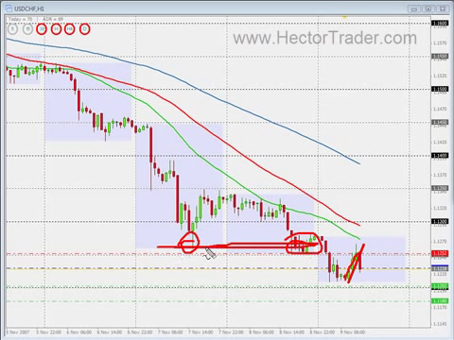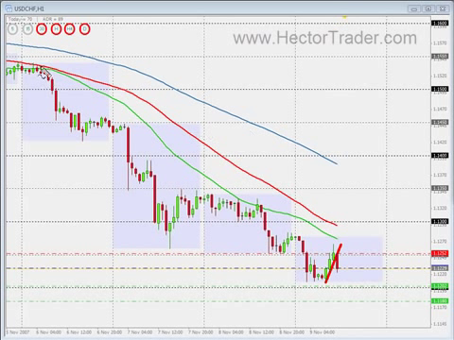Actually, it's a double bottom right there, being retested, actually overshot about 15 pips, but nonetheless it's come back down. This is the double top that I'm talking about, and this being the retest, as you can see, overshot about 10-12 pips, but nonetheless, like I said, it came back down straight away.